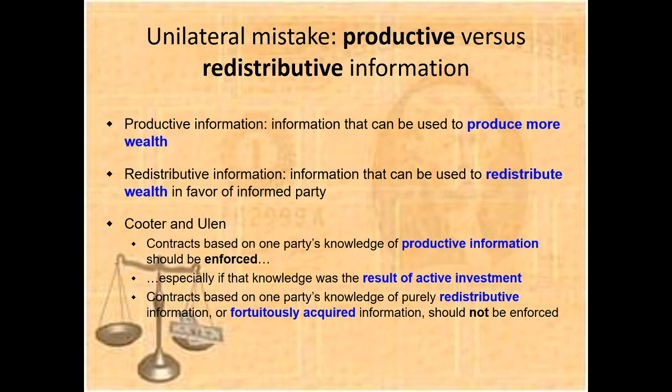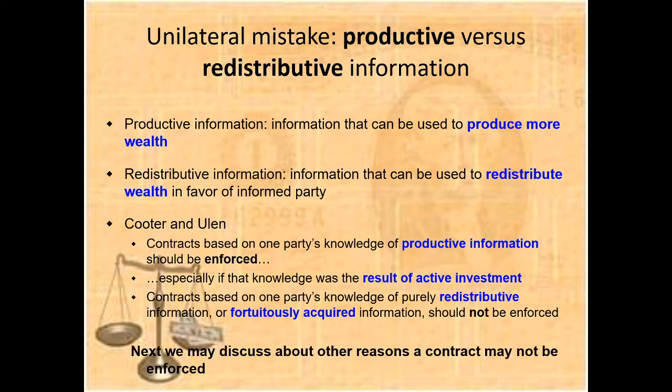So this in fact produces more and more information. A contract based on one party's knowledge of purely redistributive information or fortuitously acquired information should not be enforced. This is very important as far as productive information as well as redistributive information is concerned.